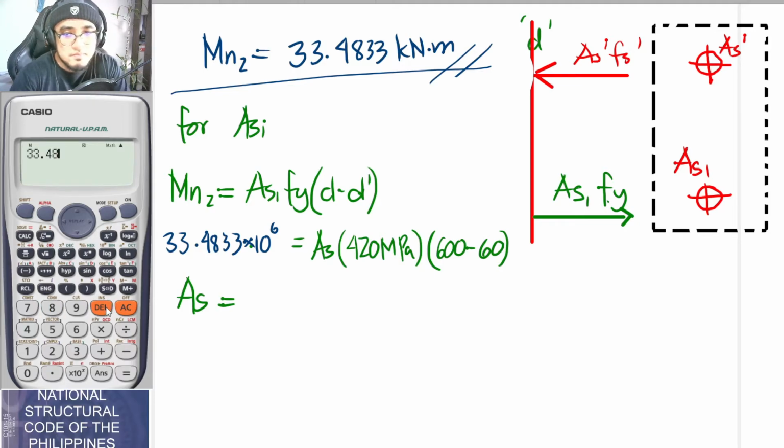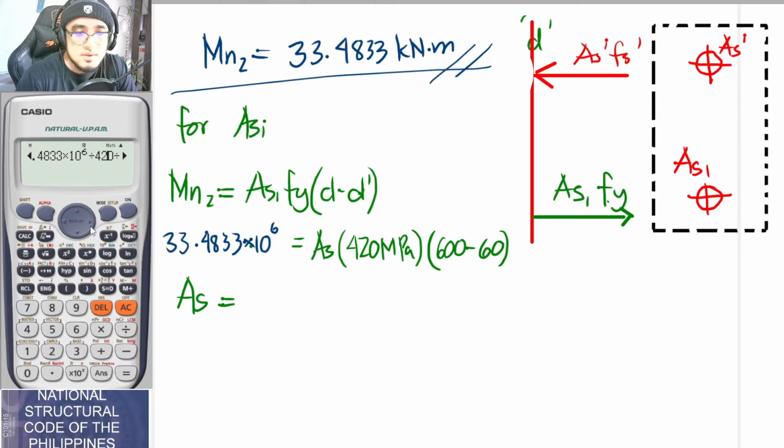Okay, so with that, 33.4833 times 10 raised to 6 is equal to AS times 420. So I think it's just better if I would just be dividing it. So divided by 420 divided by 600 minus 60.